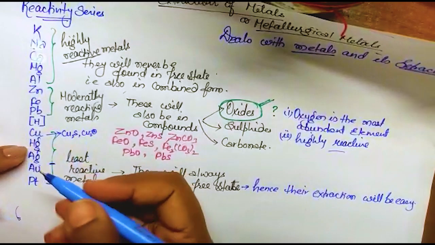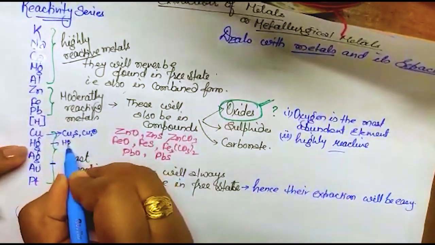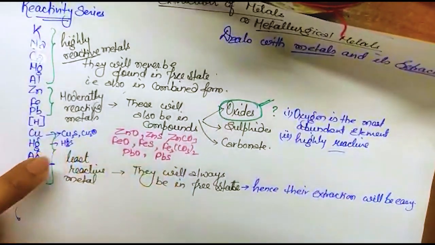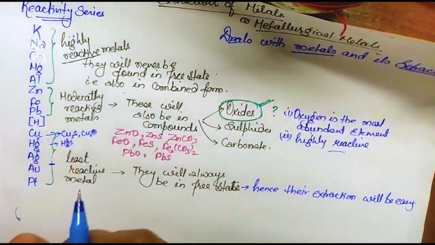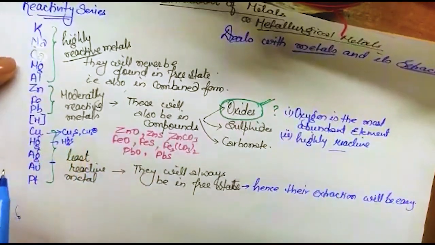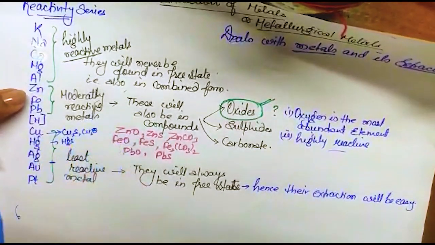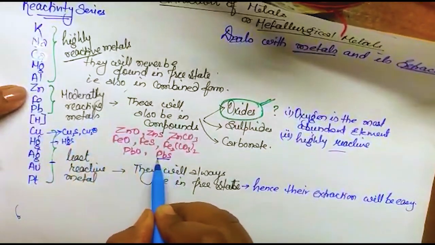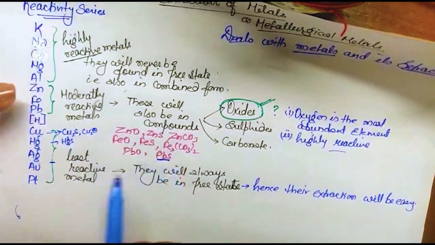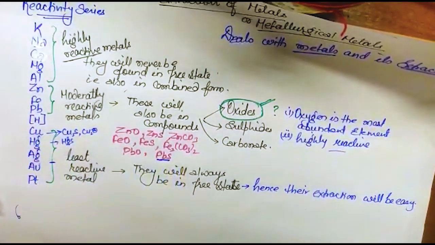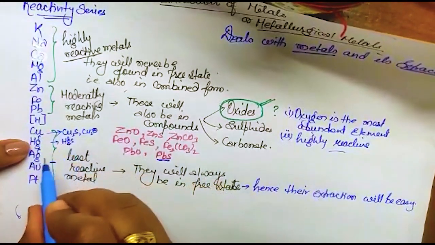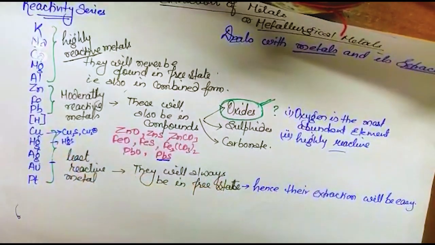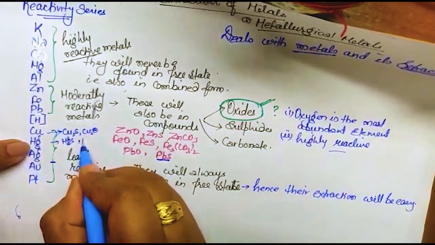Similarly, mercury sulfide, this is vermilion, HgS. And this is PbS, which is galena. And similarly, HgO, like this.